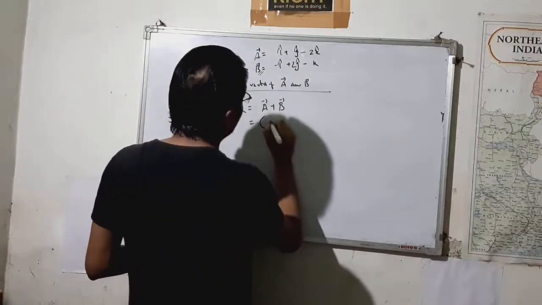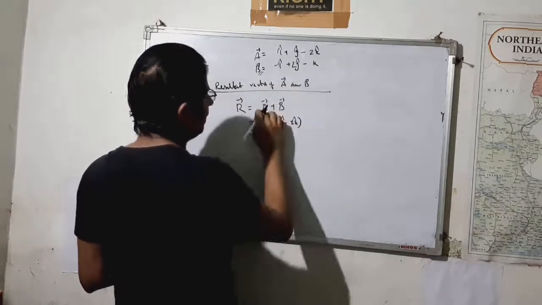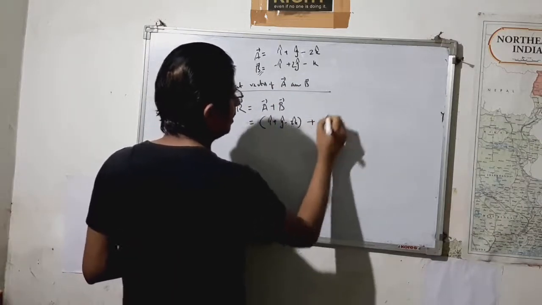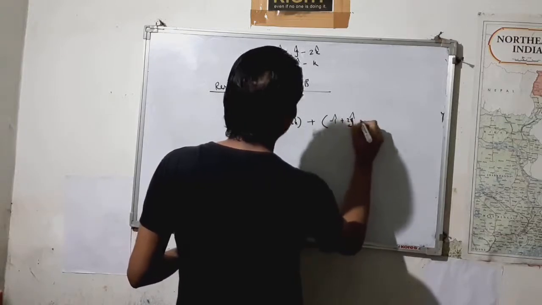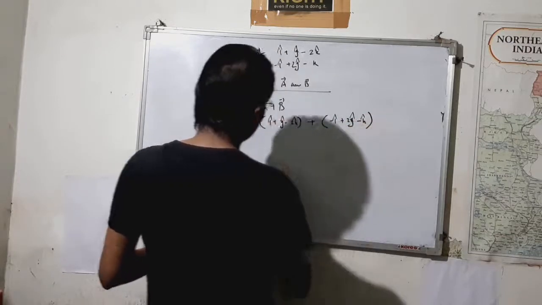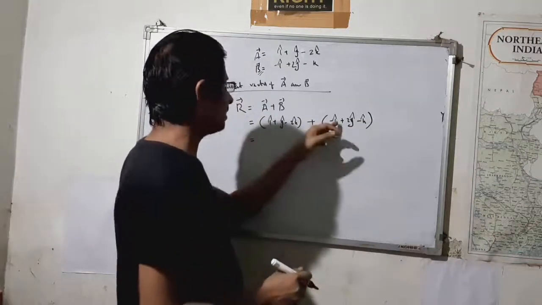Here i plus j minus 2k for A, and for B minus i plus 2j minus k. So here we will add the x component of this with the x component of this.